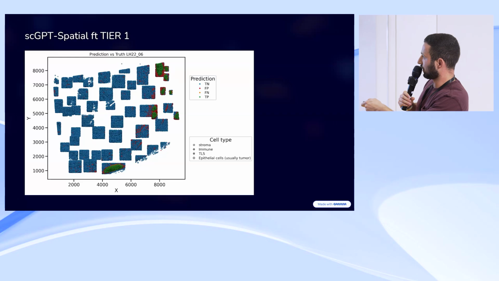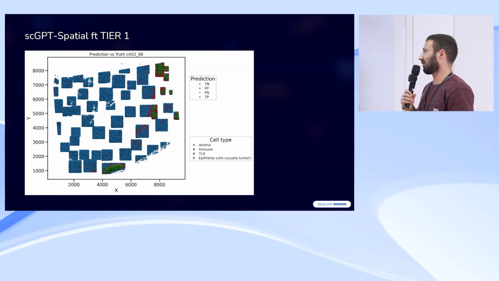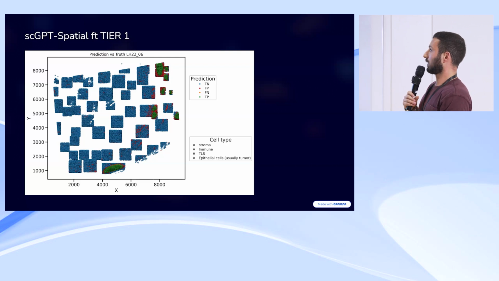We have more sparse mistakes, but we do have more false positives in the boundaries of the TLS clusters, if you can see. So we can actually use both models. We can make, for example, an ensemble of both models to get the best of both worlds. And this is regarding tier 1.